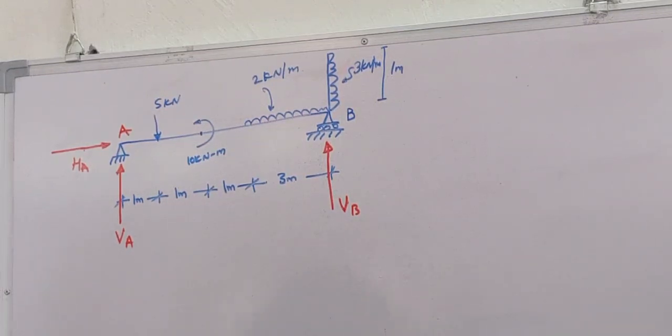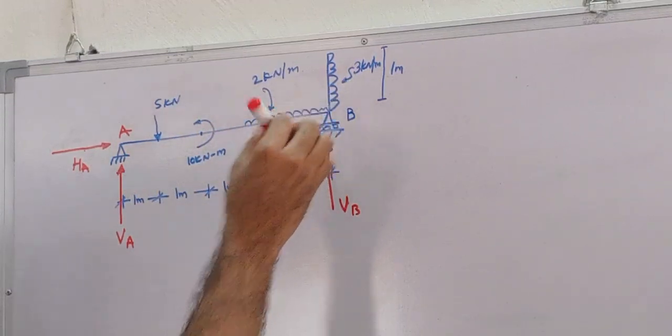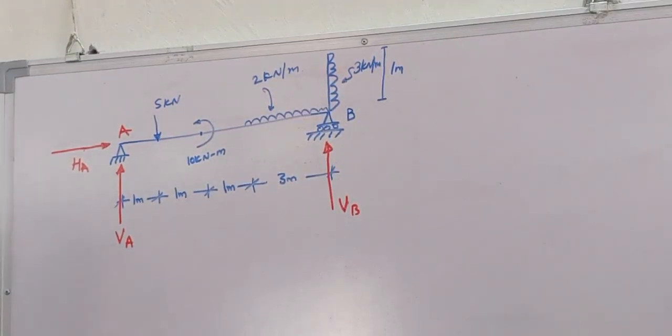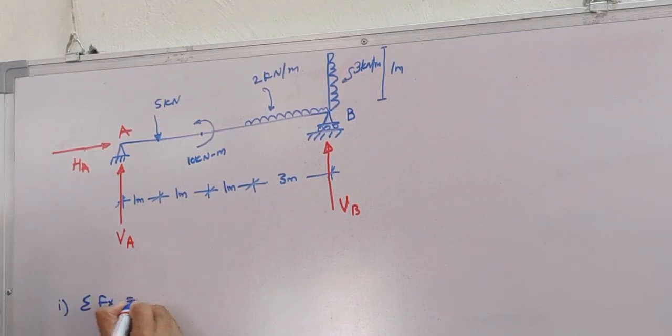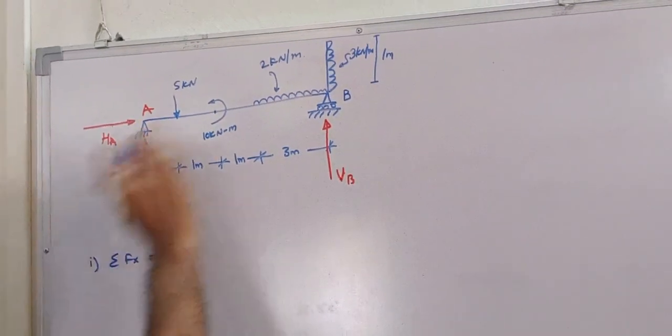Anyway we have three equilibrium equations, and as you are seeing here, there is one horizontal force and also one horizontal load. So first we'll start with the first equation, summation of Fx equals 0. What forces are there?